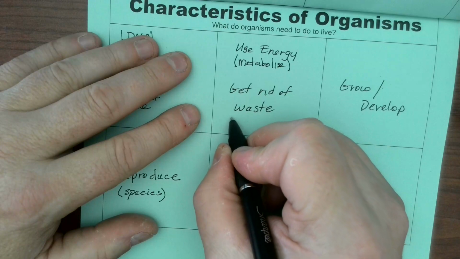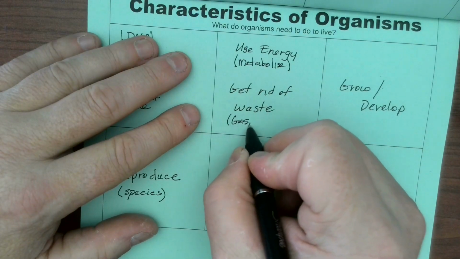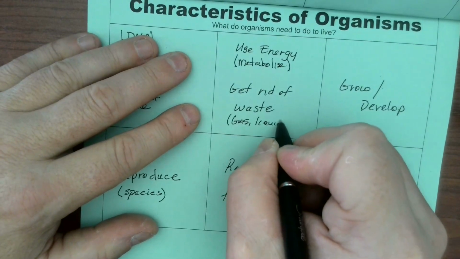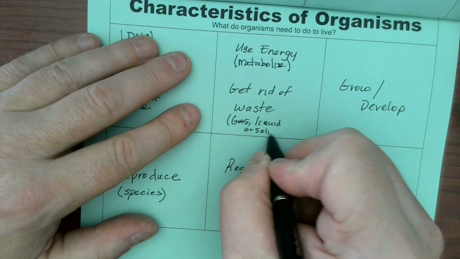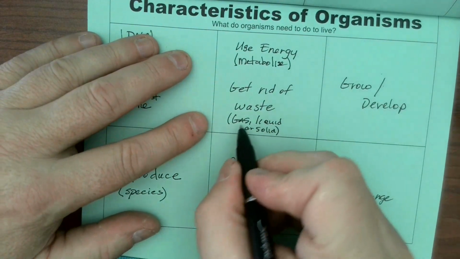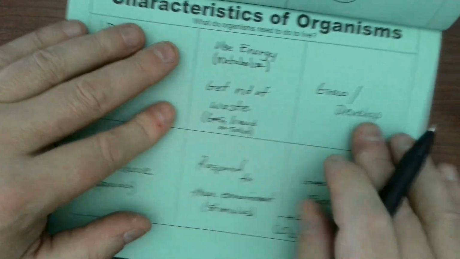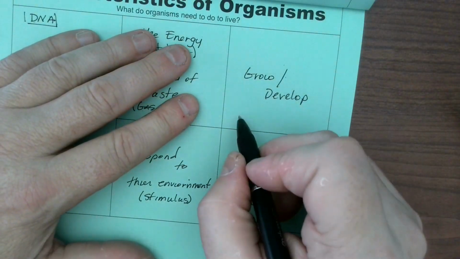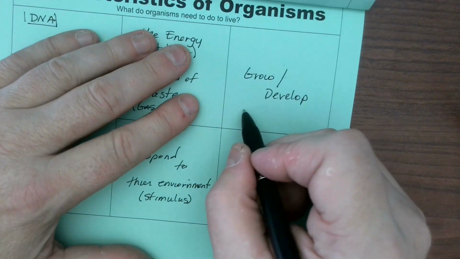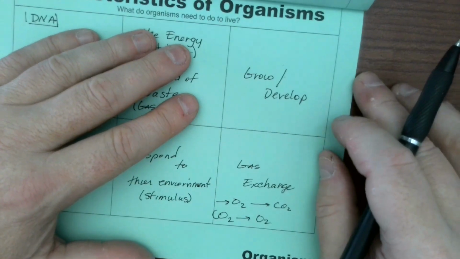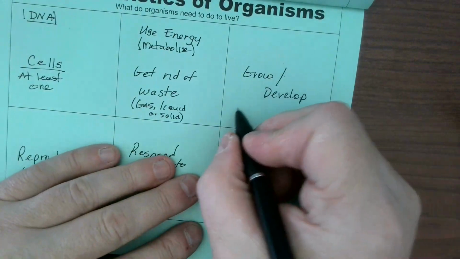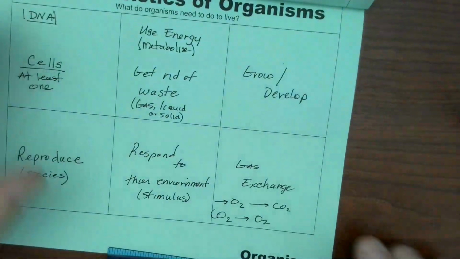Waste products could be gas, liquid, or solid waste. In the case of humans, we get rid of all three: poop, pee, and we breathe out carbon dioxide. Grow and develop, human beings change from the time of conception all the way up till they die of old age. So we're constantly growing and developing.